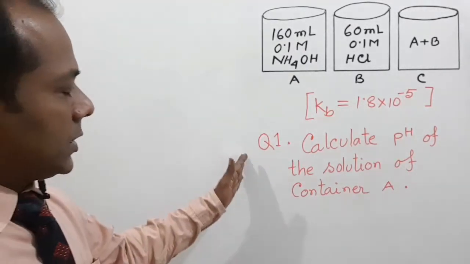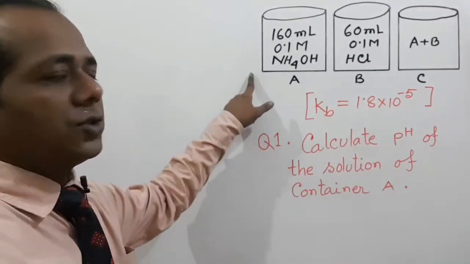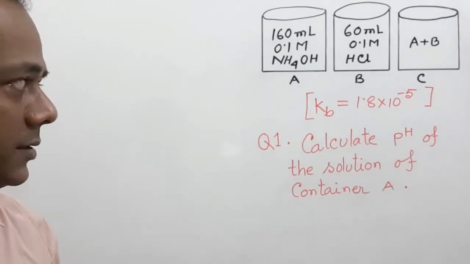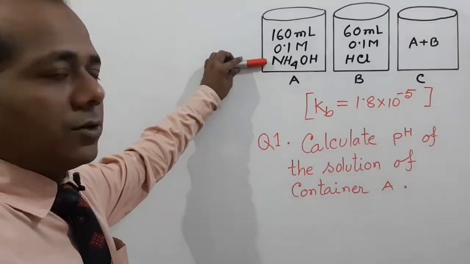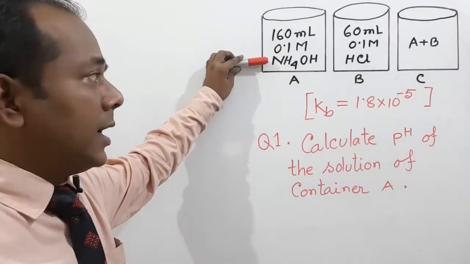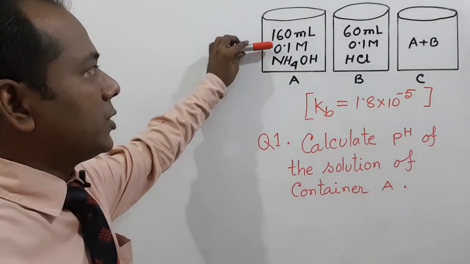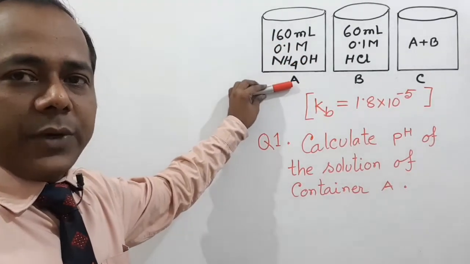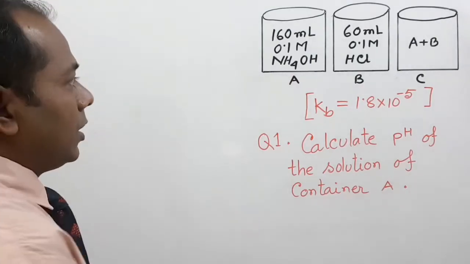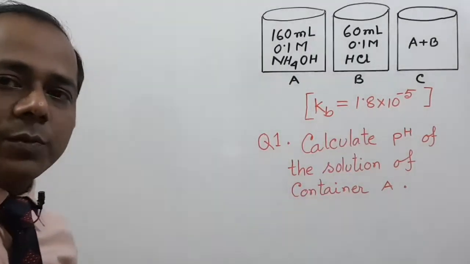Our first question is: calculate the pH of the solution of container A. My dear students, here we see that in container A, 160 ml of 0.1 molar ammonium hydroxide solution is present. The Kb value of this ammonium hydroxide is 1.8 into 10 to the power minus 5.